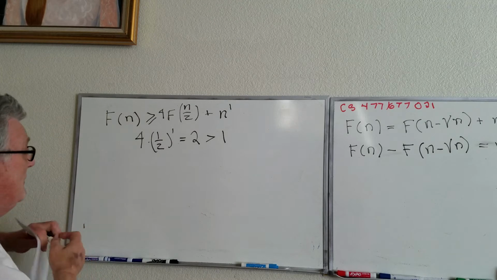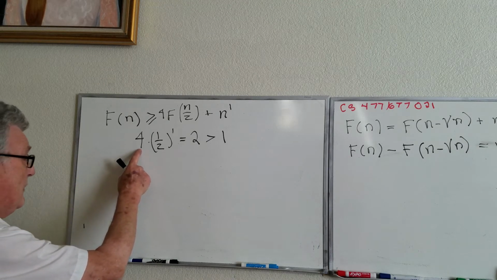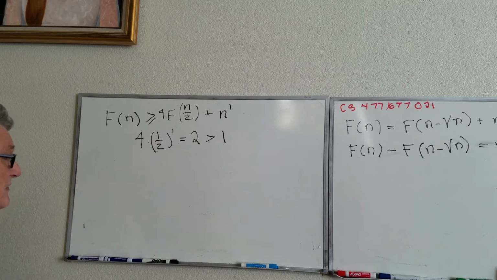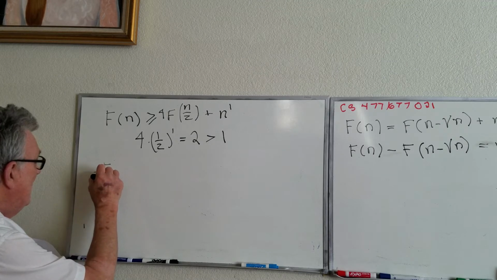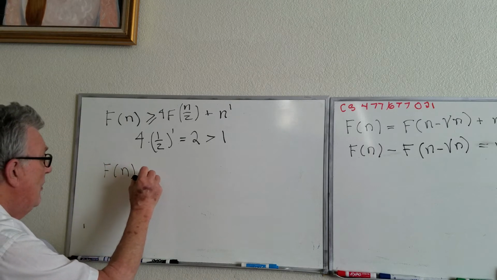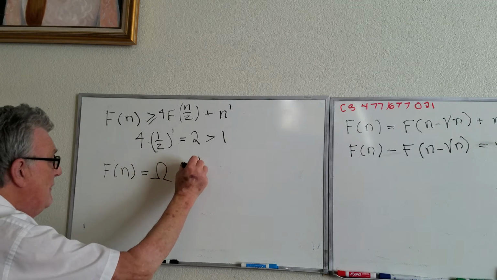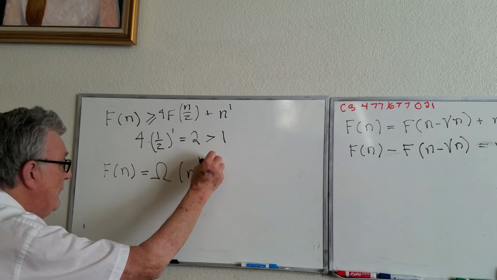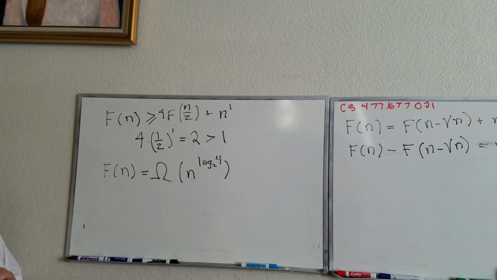Now, this is a master theorem situation, and we know that 4 times 1/2 to the 1 is 2, which is greater than 1. So basically what the situation is, according to the master theorem, is that f of n is omega, because that's greater than or equal to n to the power of the log base 2 of 4. Now, I don't expect you to know the base everything logarithm of everything.